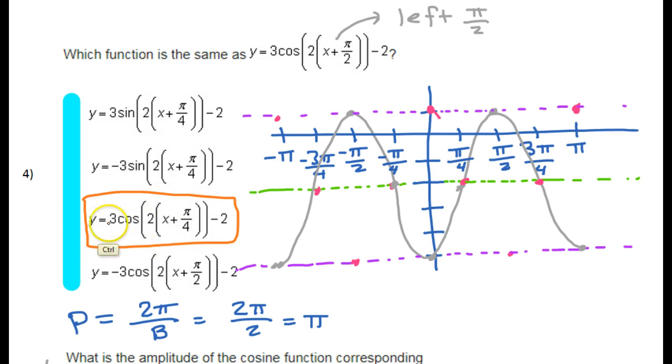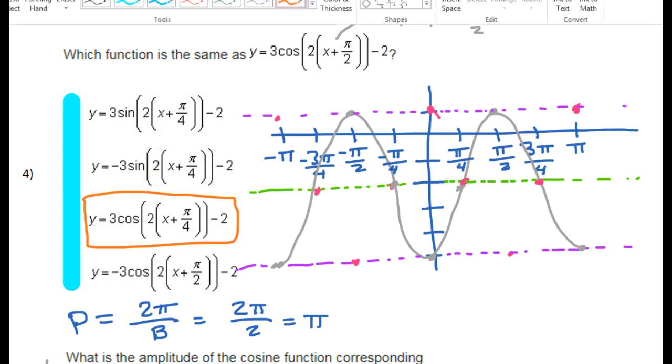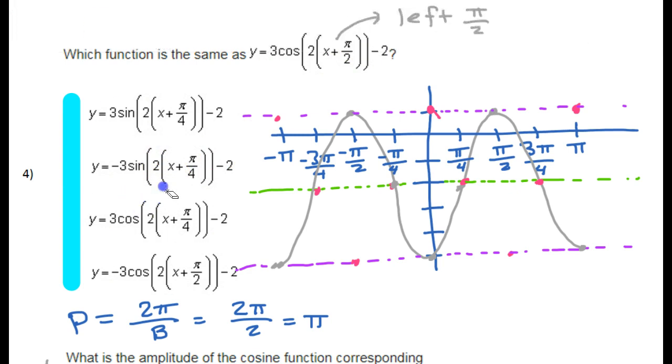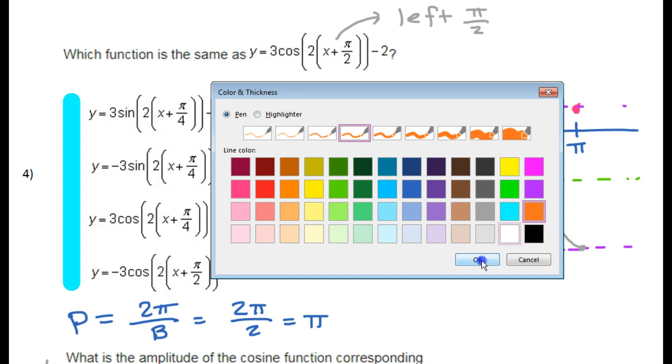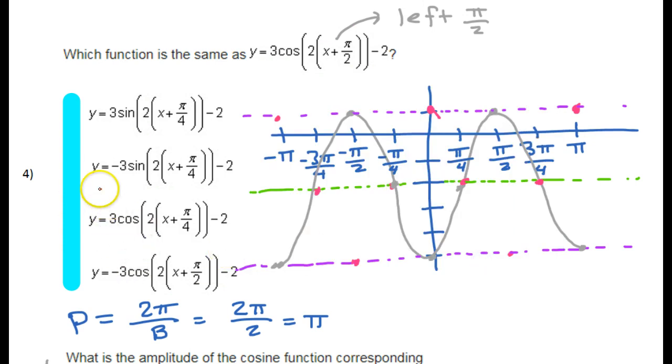So the same period. They both have a 3. The only thing that changed is this one has a plus pi over 4 instead of a pi over 2. So that just means instead of being left pi over 2, it's going to be left pi over 4.